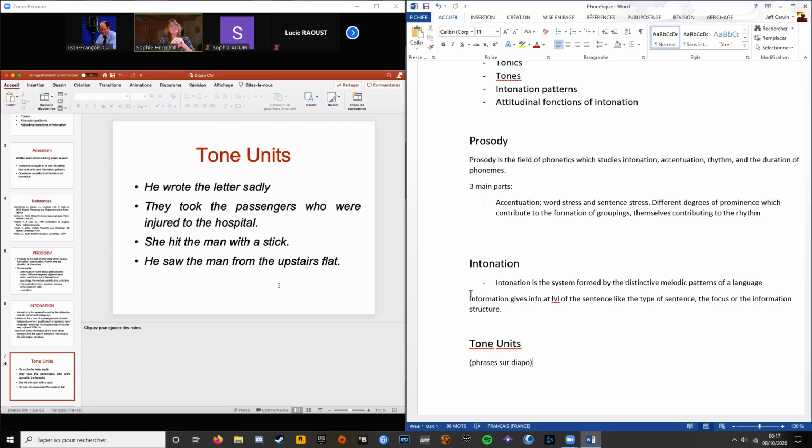But I can also pronounce this sentence with a division between letter and sadly here. If I make this division, then I say, he wrote the letter, sadly. And here you have 2 tone units. And so you have 2 different melodic movements.